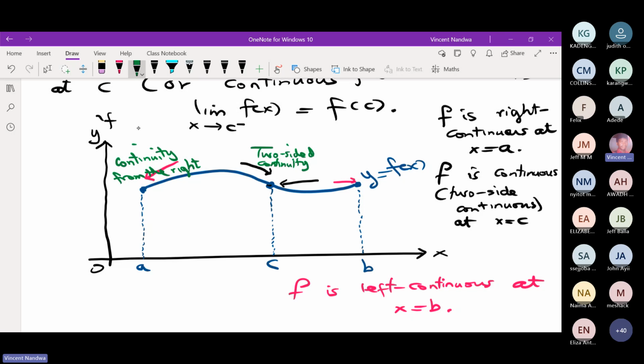And then at this point, we have continuity from the left. A function which is not continuous at a point c is said to be discontinuous at the point c.